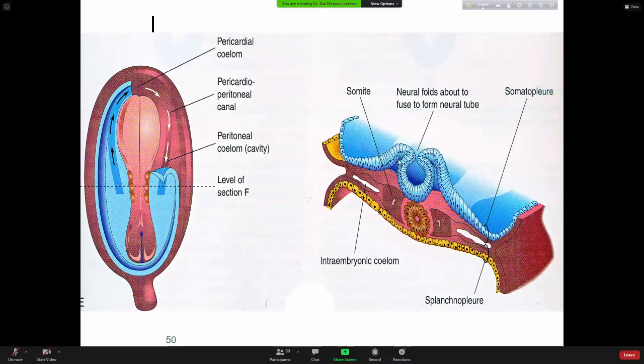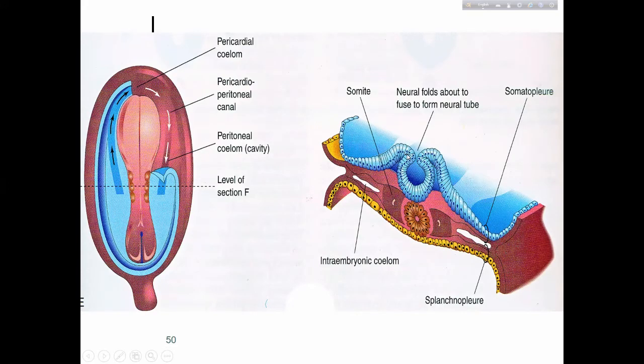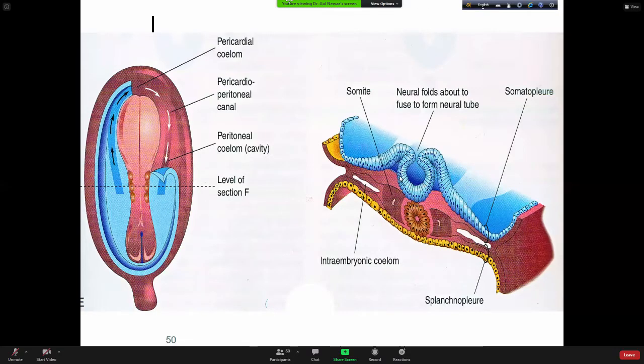So first of all, there is neural groove and neural fold. The neural folds come close together, and ultimately they will fuse and detach from this ectoderm.